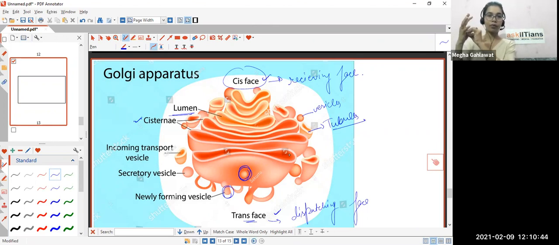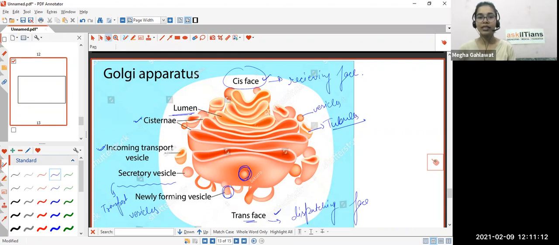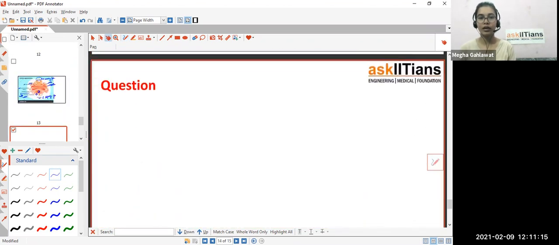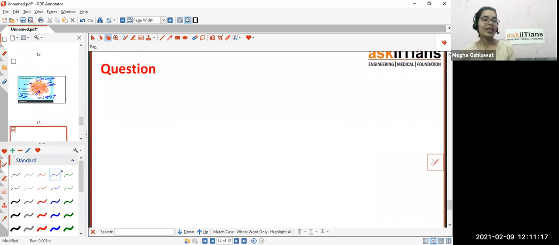It will be pushed towards the trans phase of the Golgi apparatus, and the trans phase will form it into a vesicle, and it will pinch off from the Golgi apparatus's membrane. These are also called secretory vesicles, or transport vesicles. And the vesicles which are coming towards the cis phase are called the incoming transport vesicles.